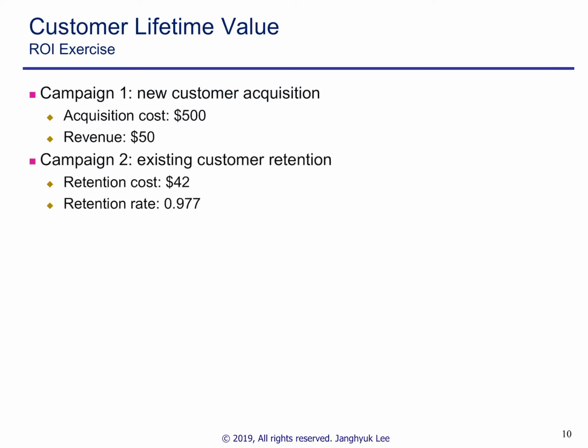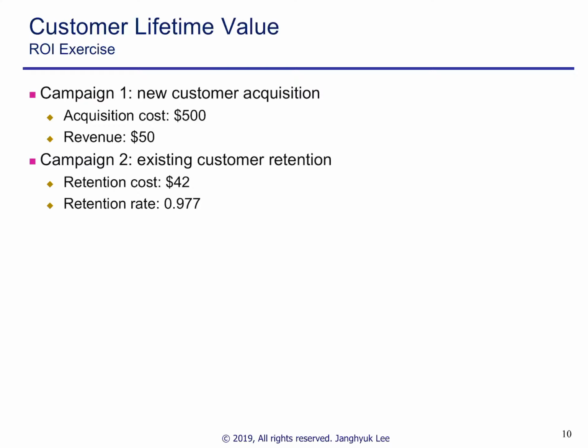Previously $32 per customer, now it will cost $10 more, $42. However, as the customers get the reward, it will improve the retention rate by 1 percentage point, from 96.7% to 97.7%.